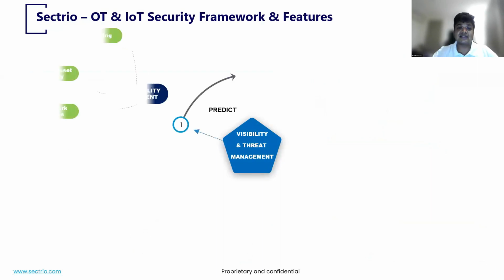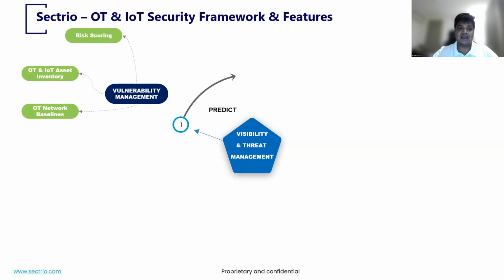To predict threats, the vulnerability management module becomes very handy, where it baselines the network traffic pattern and brings up a list of all the asset inventory in your OT, IT, and IoT network, and also provides risk scoring, which helps you predict what could go wrong.